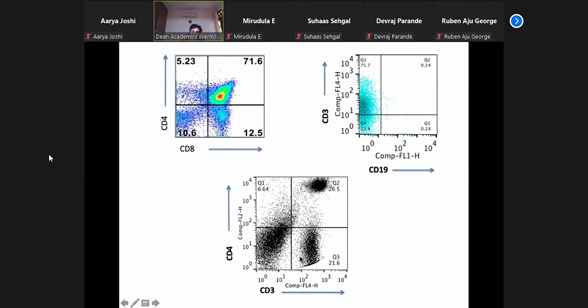In the Q3 quadrant, what are these cells? Just by looking at these two markers, can you make out anything? Cytotoxic cells. It's positive. Okay.